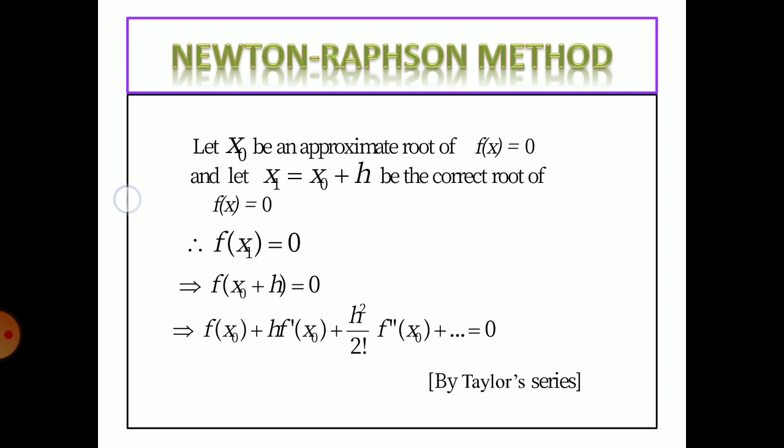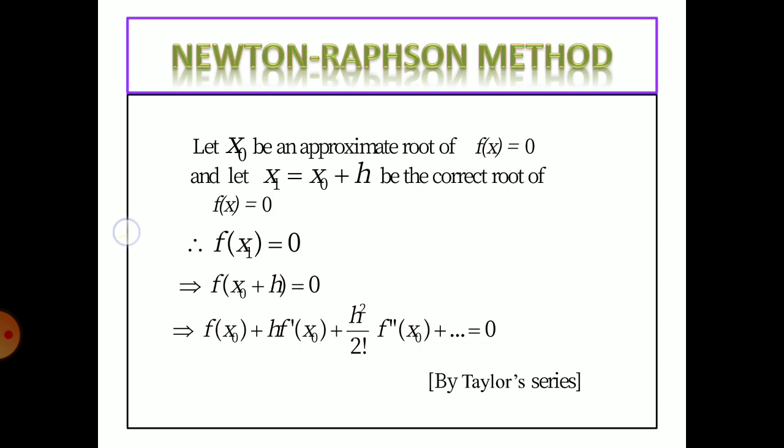To find the Newton-Raphson formula, we shall assume that x0 is the approximate root of the equation f(x) = 0. As x0 is the approximate root, there may be some actual or correct root. We shall denote that correct root by x1, which is equal to x0 + h.